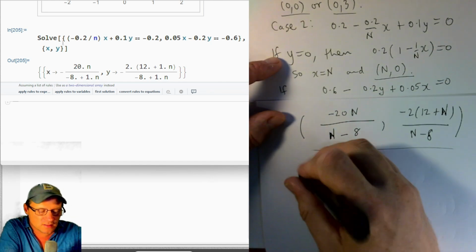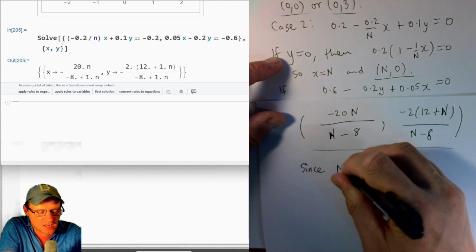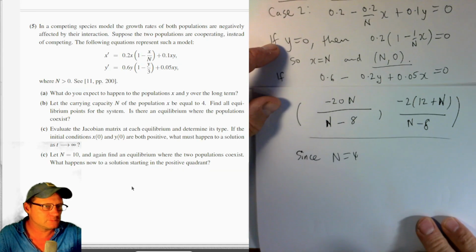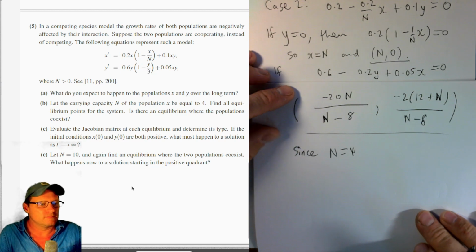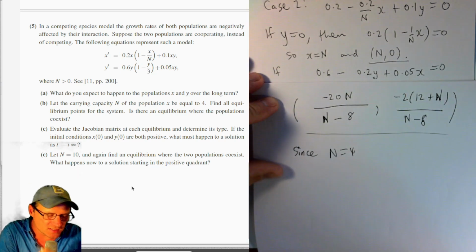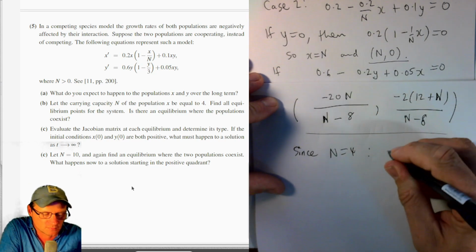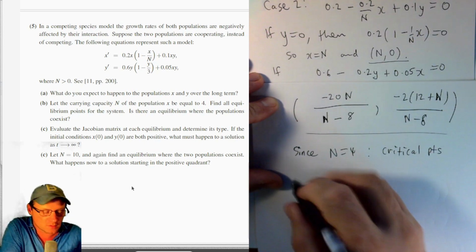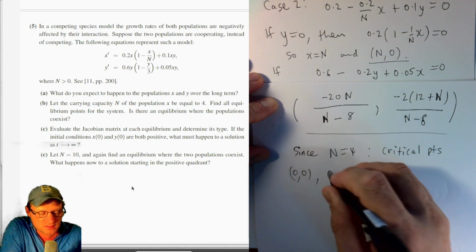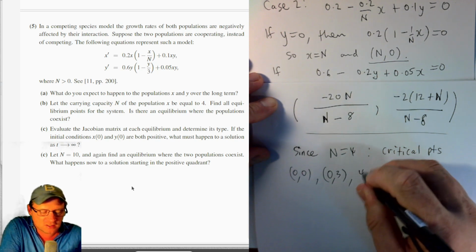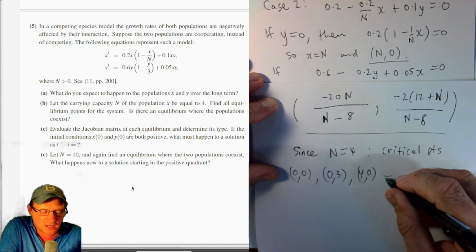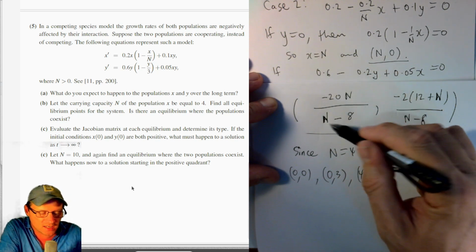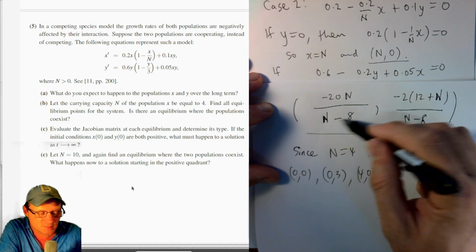All right, now, since n is equal to 4, we're told in the question, we can simplify these. We have the critical points 0, 0, 0, 3, 4, 0, and then the last one becomes minus 80 over 4 minus 8 is minus 4.